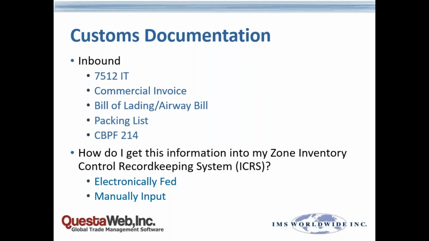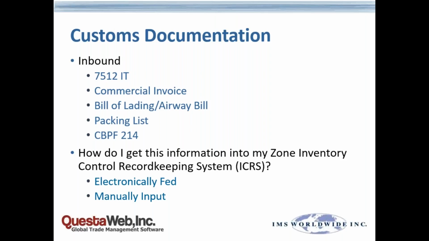If you're an inland zone, you have potentially a 7512 IT, inbound transport document. So let's say, again, I'm in the Midwest, goods arrive at the port of Houston, they jump on a truck and they come all the way up to my zone. It's going to travel to me on an inbound transport document, an IT. And with that, because what I would normally have used in Houston, in my example here, to pay duty is a commercial invoice.